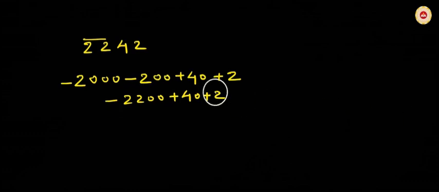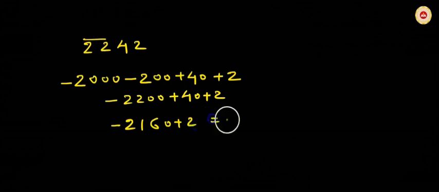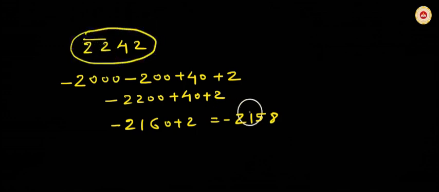So let us subtract this 40 from 2200. That means we get 2160 plus 2, which becomes minus 2158. Correct? So value of this number is minus 2158.